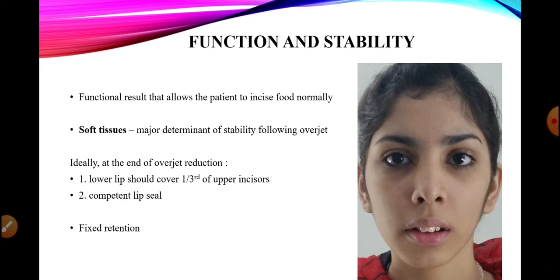But in those cases of class 2 division 1, usually the upper incisors are not under the influence of the lower lip, therefore there is incisor proclination, and we want these incisors to be under the cover of the lower lip for a stable result. So ideally it should be achieved at the end of the treatment following retraction. But if it is not possible, then we should be aiming for a fixed retention.